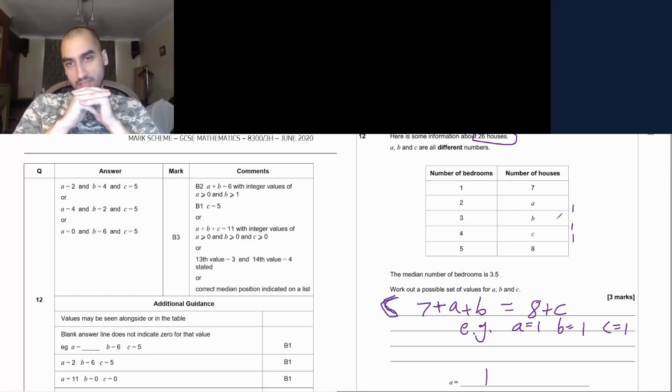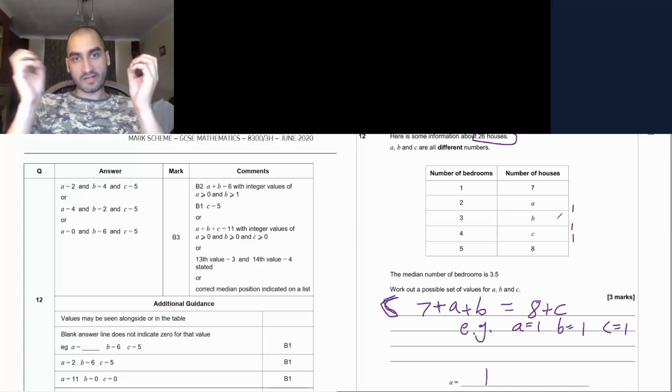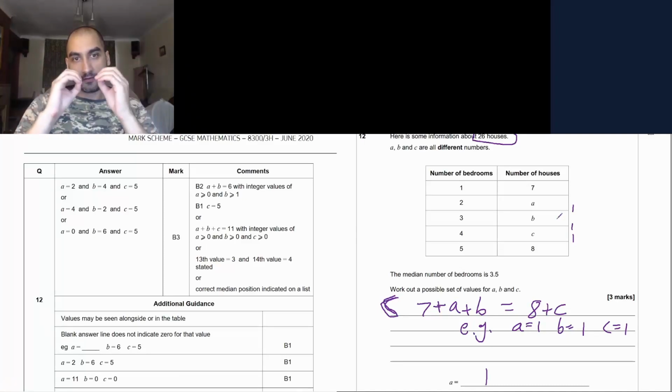For the median to be in between 3 and 4, we would need one guy from 3 and one guy from 4 to be in the middle.